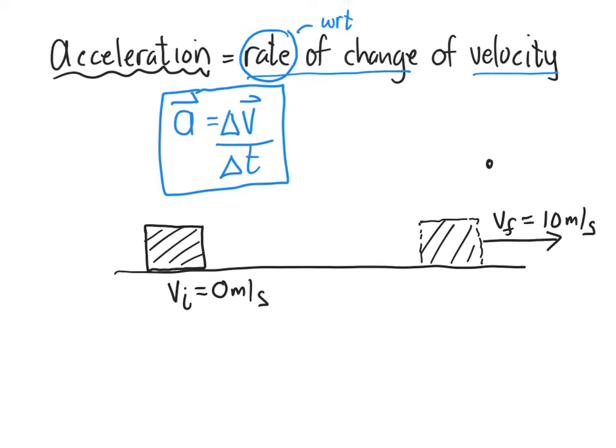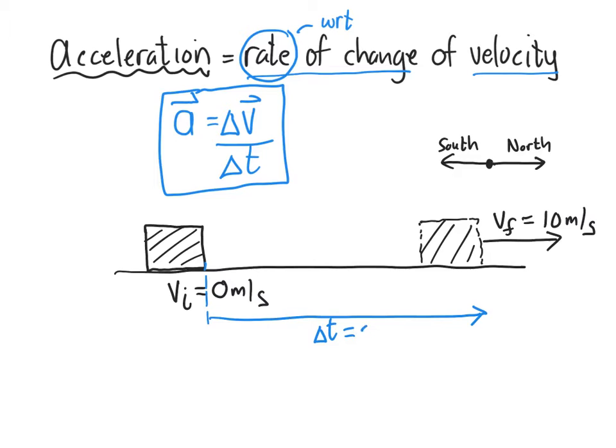And because we're dealing with vector quantities, we are going to refer to direction. So let's say to the right is north and to the left is south. And let's suppose that the time interval within which this change in velocity takes place is represented by delta t, and that is 5 seconds.